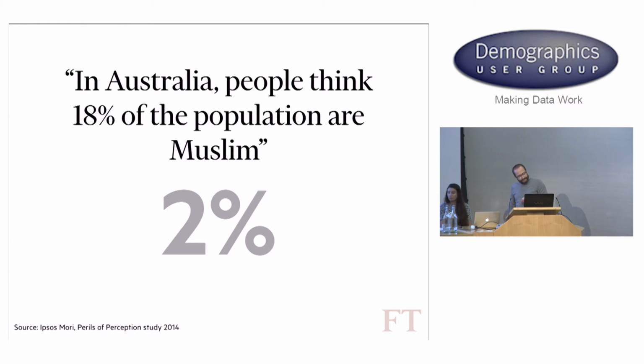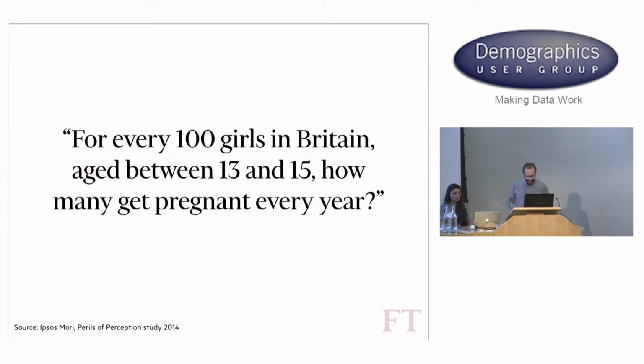And what's particularly powerful about this element of surprise is that when you make it personal, people are much more likely to take it on board. So another one of the Ipsos Mori questions when they first did this was, for every 100 girls in Britain, how many get pregnant every year?